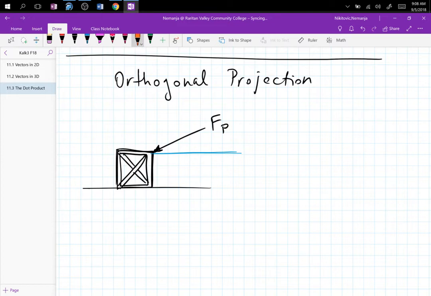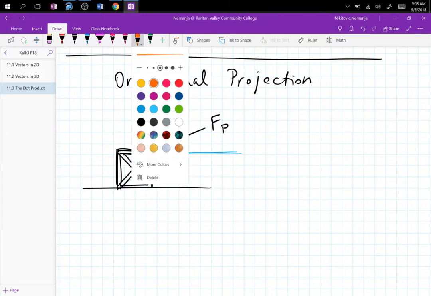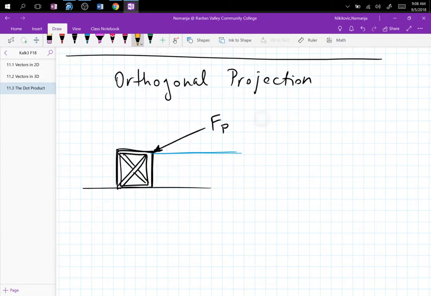If you were to shine a light onto this vector, it would put a shadow here, and this would be your force of the push in the x direction, which is the one that does the work. That force times the distance is going to give you the work.